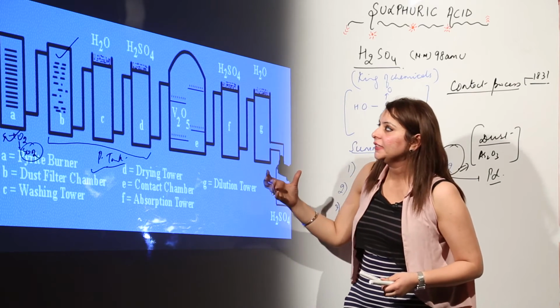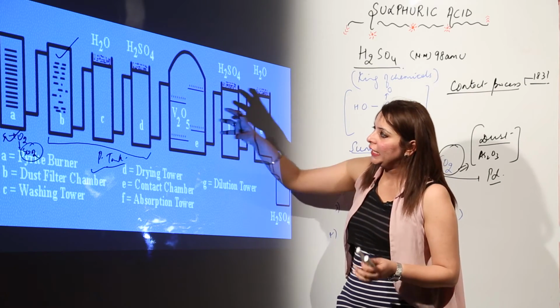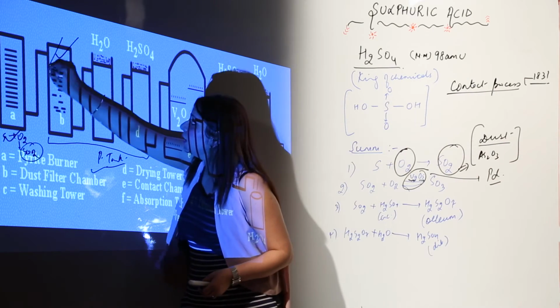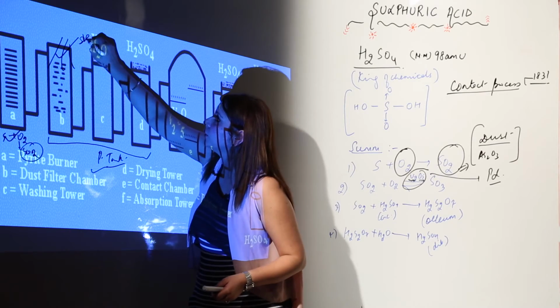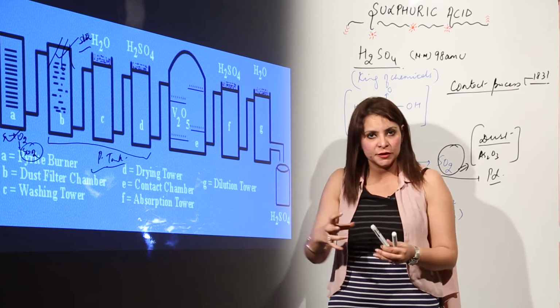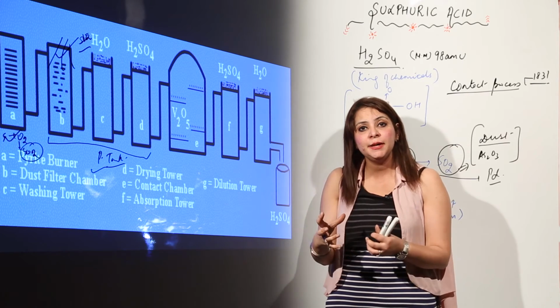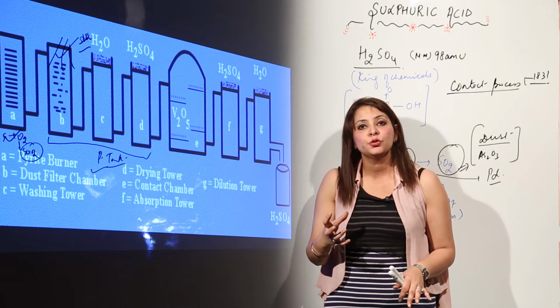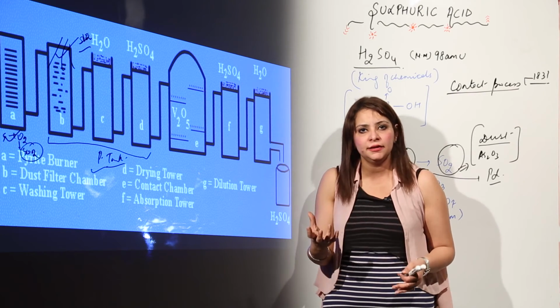So here what happens, when the SO2 from A tank is fed into the B tank, a stream of steam is passed through it, right. So this powerful steam makes the dust particles settle at the bottom, and this SO2 gets free from many dust particles.